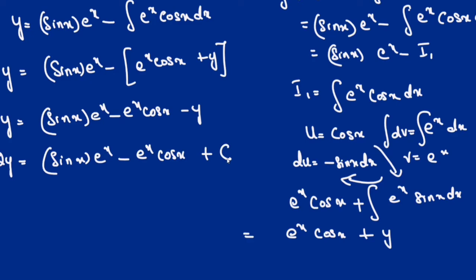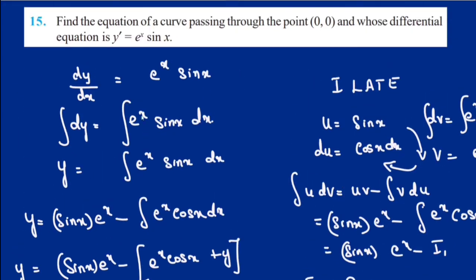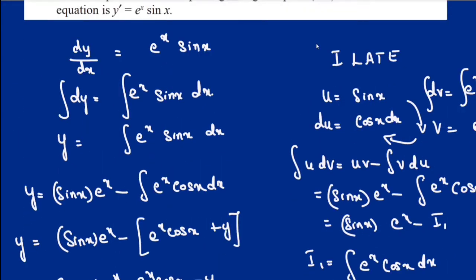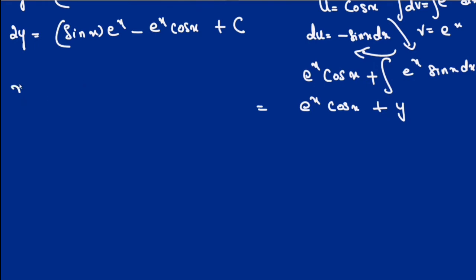Now the curve is passing through the point (0, 0). So put x is 0 and y is 0, so we can find the constant c. You will get here, this is 0, sin 0 is also 0, minus e power 0 cos 0, you know it is 1.